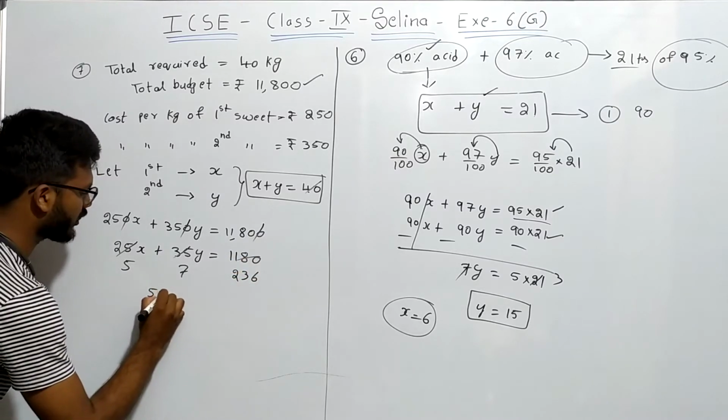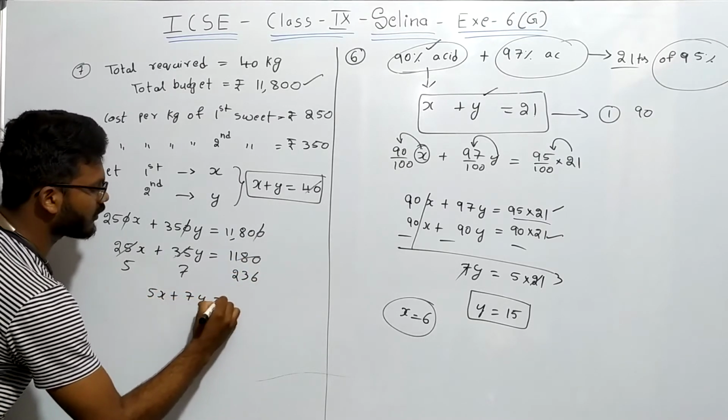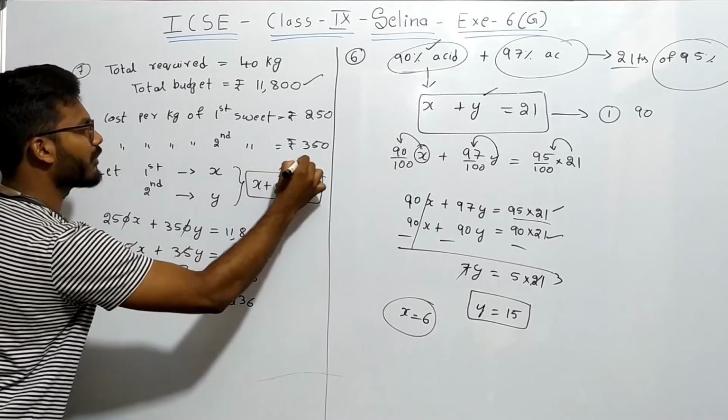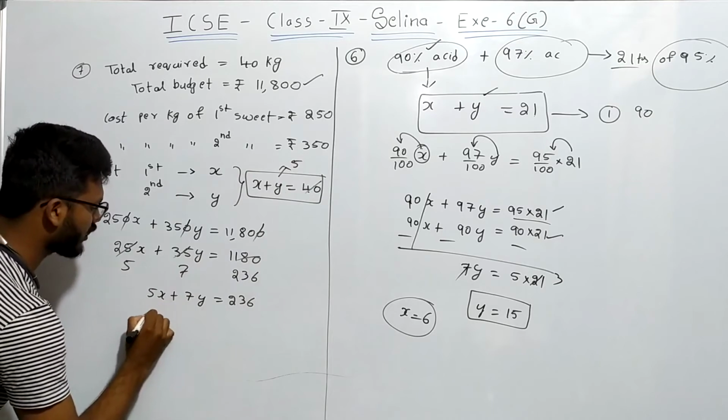So 5x plus 7y is equal to 236, and here if you multiply with 5, what will you get?